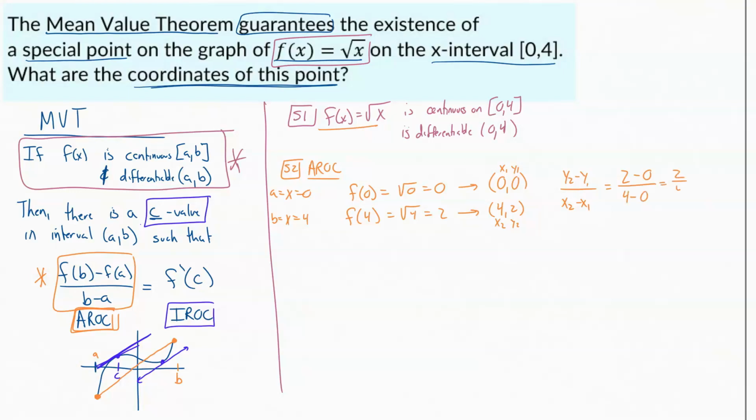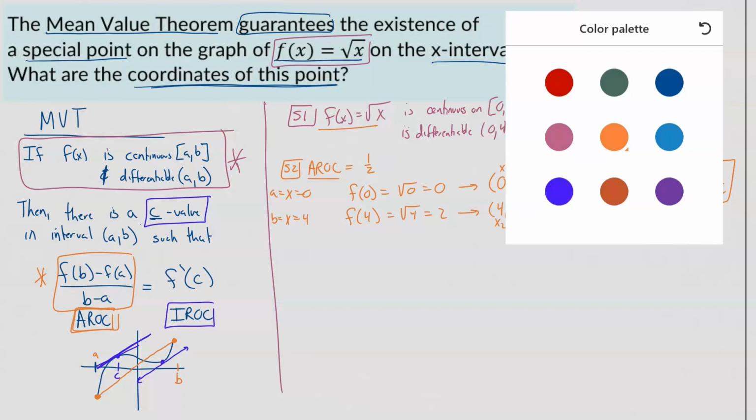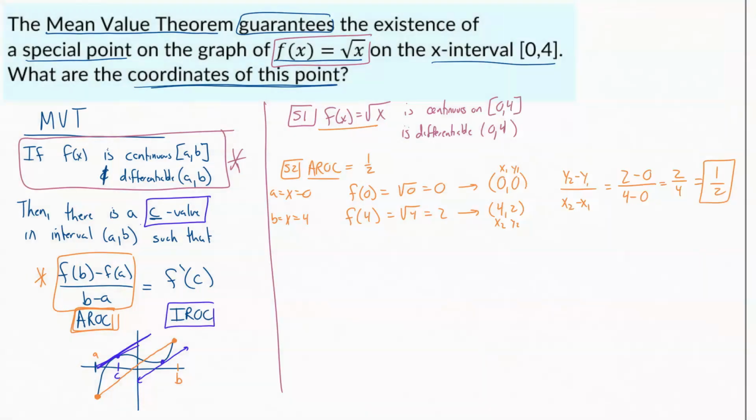So we get 2 over 4, which equals 1/2. So that is our average rate of change. So right now we know that our average rate of change is 1/2. The mean value theorem guarantees us that somewhere our instantaneous rate of change is also equal to 1/2.